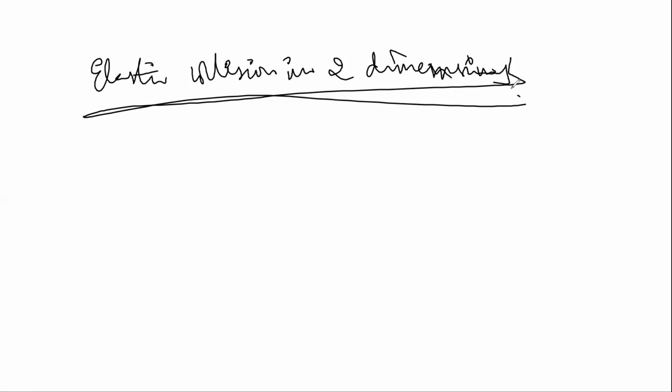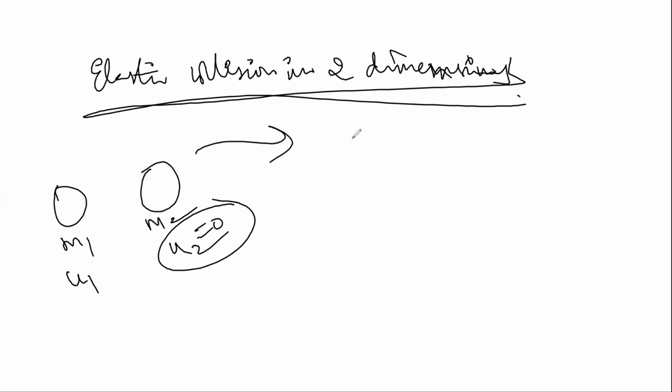Before that, let me consider 2 bodies of masses m1 and m2 as I drew before. u1 and u2 are the initial velocities of the bodies. According to the laboratory frame of reference, u2 is 0. If I consider this case that m2 is at rest and m1 is coming and colliding with m2, then what happens?